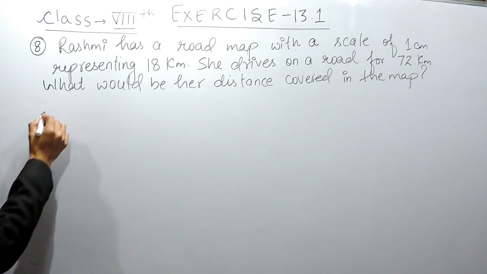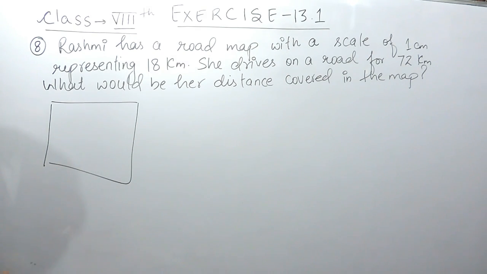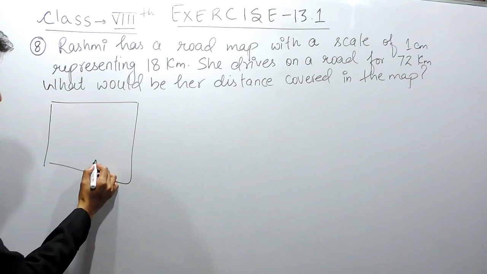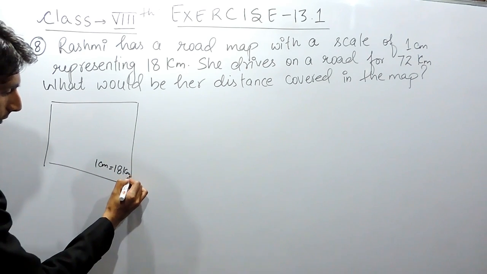Means Rashmi has a small road map and here it is given that 1 centimeter is equal to 18 kilometers.